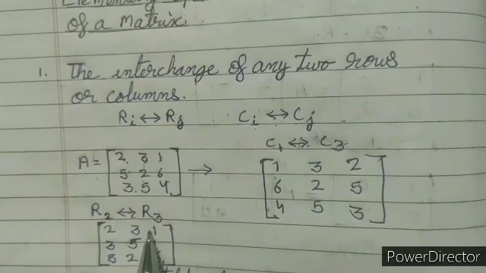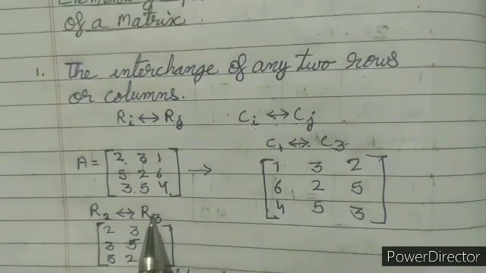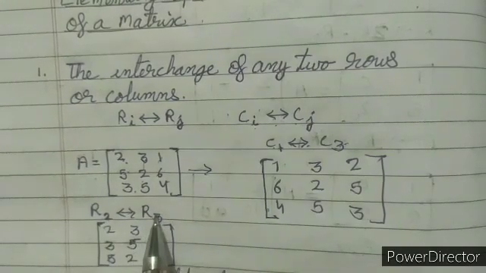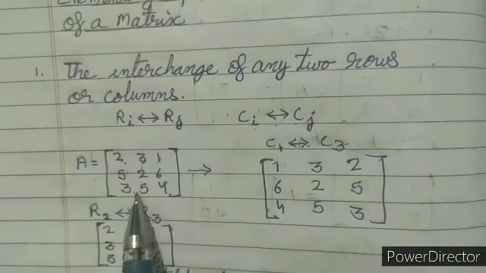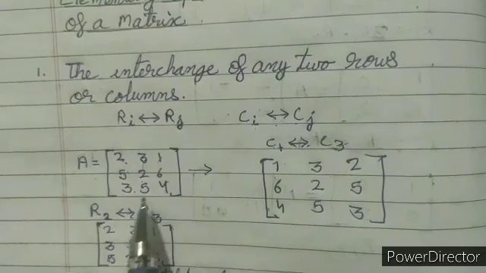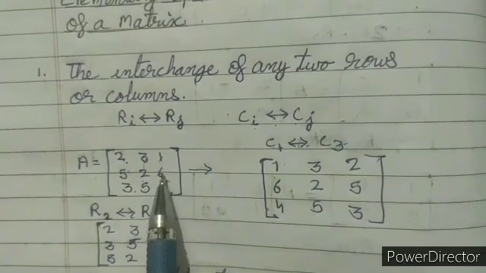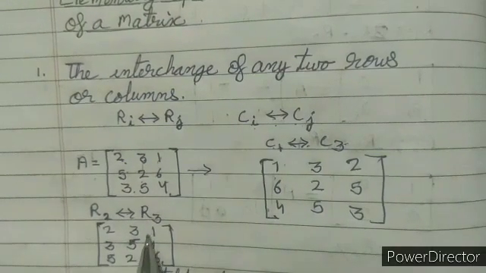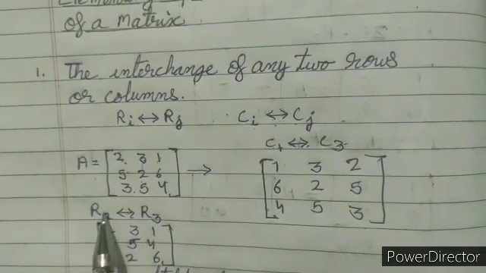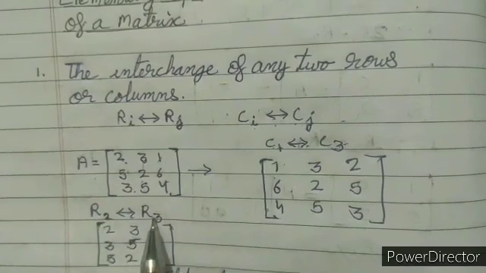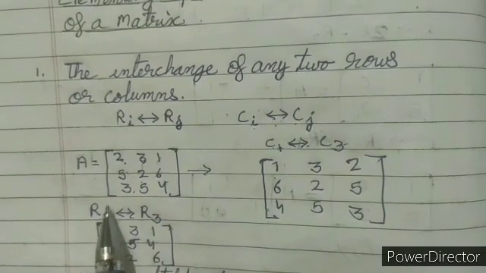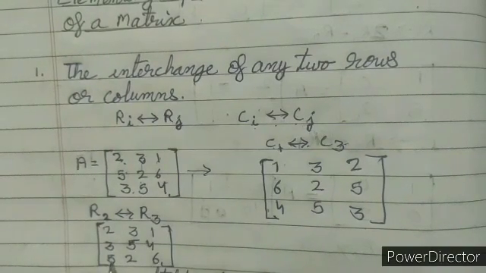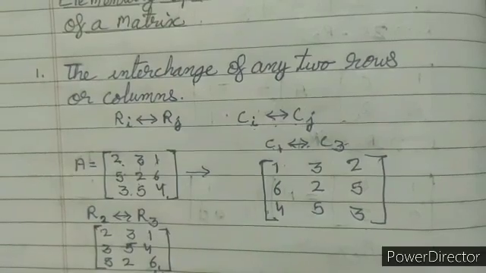R2 will be interchanged with R3, that means in place of R2 we will write R3, which was 3 5 4. And in place of R3 we will write R2, which was 5 2 6.